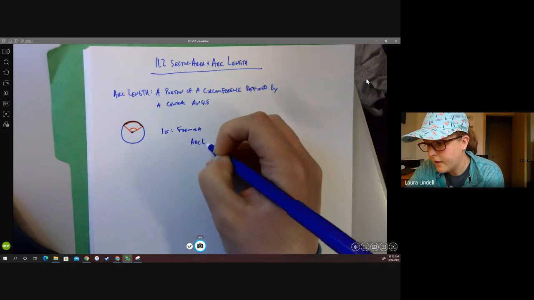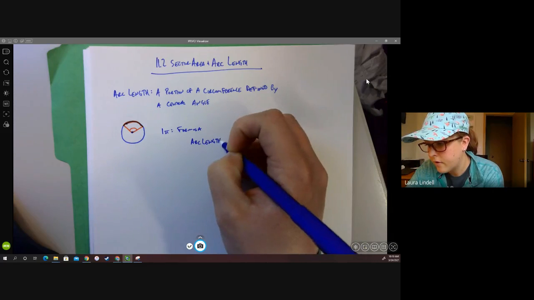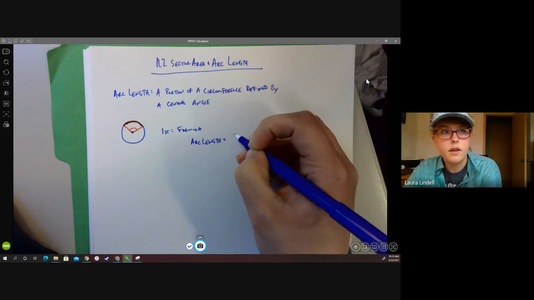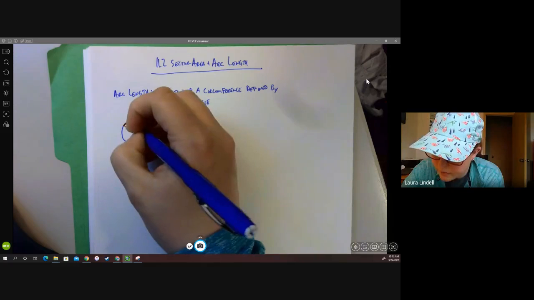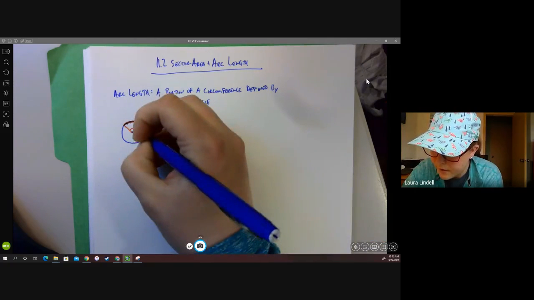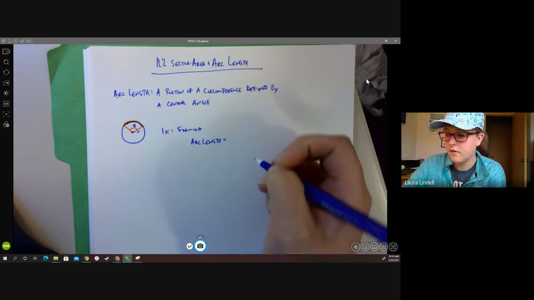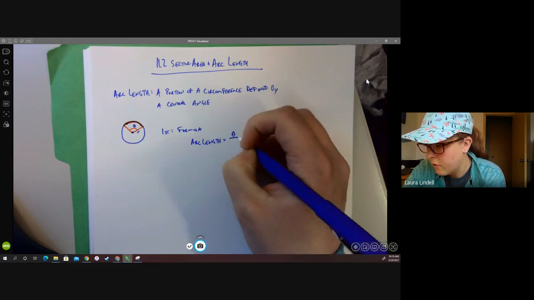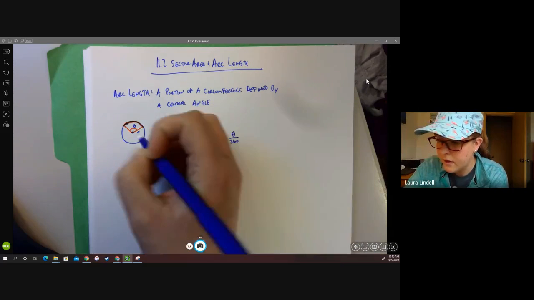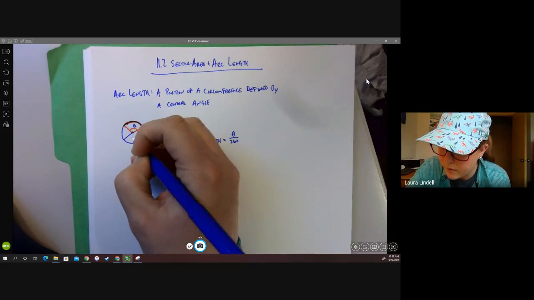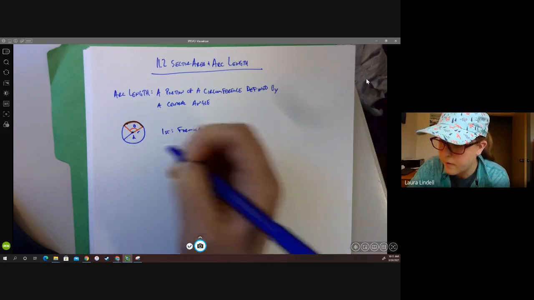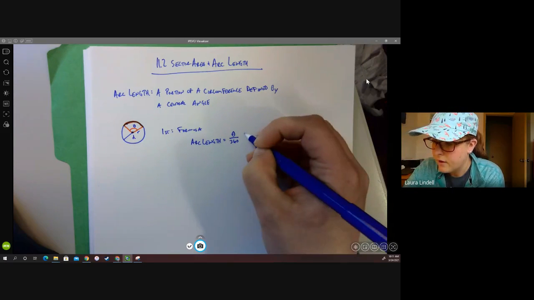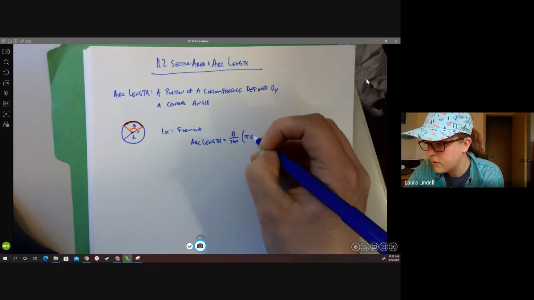We know the arc length, if this central angle is theta, and this distance here is the radius, is theta over 360, and if the whole way across is diameter, times pi times diameter.